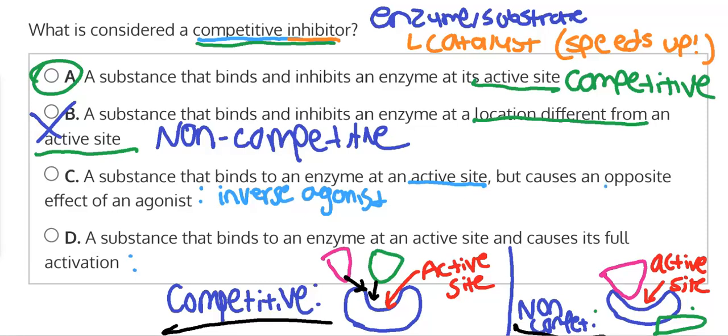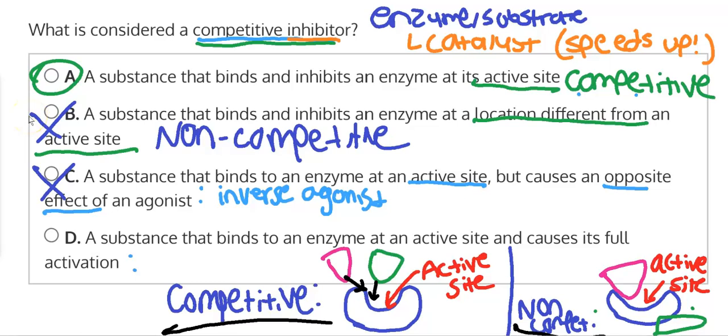It's just causing an opposite or different effect from what we initially would want to see in this enzyme-substrate reaction. So this is known as an inverse agonist because it causes a different reaction, but it's not actually preventing the whole thing from occurring as we would see in competitive inhibition. So we will eliminate option C. And then option D is saying a substance that binds to an enzyme at an active site and causes its full activation to occur.